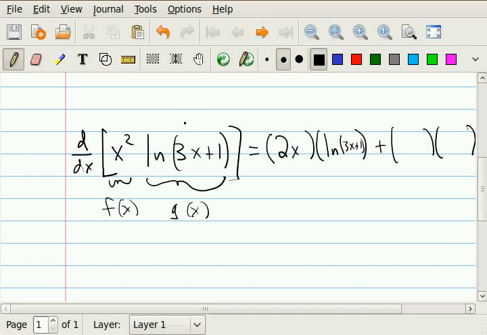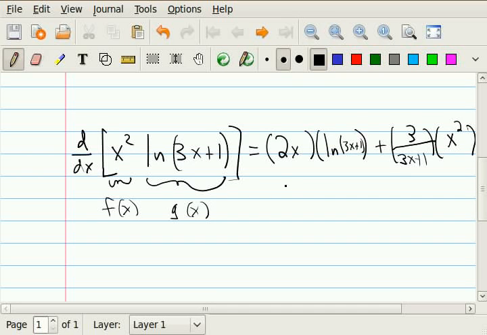Now what we have here is, for the log, natural log of u. The rule that we just had says take the derivative of u, which is just 3, right? The derivative of 3x plus 1 is 3, and divide it by u. So that's the derivative of the natural log function. And finally I have to multiply it by the original f function.